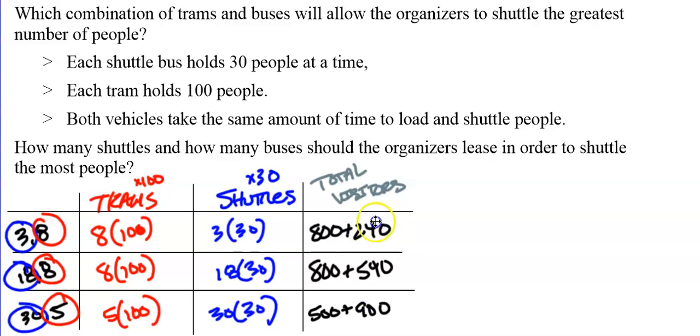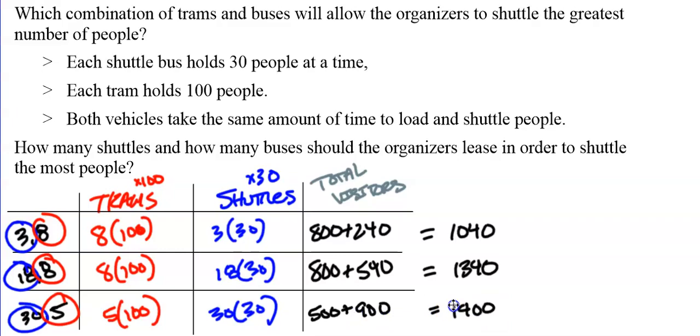This one is still less than this, so I'm not even going to bother with it, but let's just play the game. So this is going to be 1040. This is going to be 1340. And this is going to be 1400.